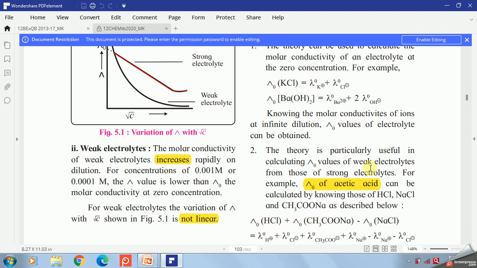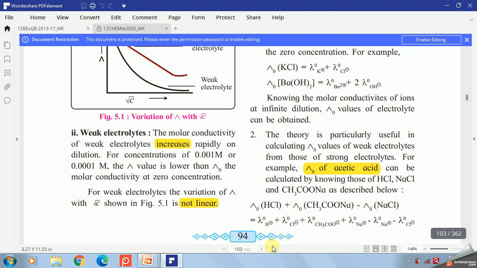because we require acetic acid, that means CH3COOH. So here H is from HCl and CH3COO is present in CH3COONa. That's why these two get added, and the Cl from this and Na from this get removed. So minus lambda 0 of NaCl. If you write the ionic form of these electrolytes, HCl gives lambda 0 H plus and lambda 0 Cl minus.